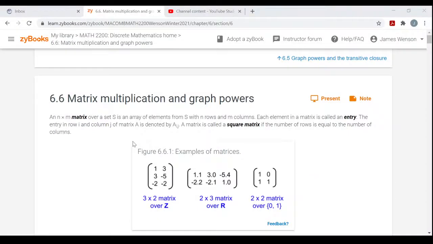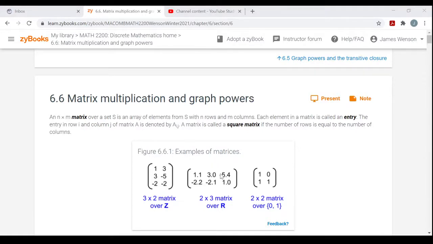Okay, so before we get into any graphs, I'm going to talk about what a matrix is. Now if you've taken linear algebra before, you've probably seen what a matrix is at this point in your mathematical career, but let's go through it anyway. So an n by m matrix over a set S is an array of elements from S with n rows and m columns.